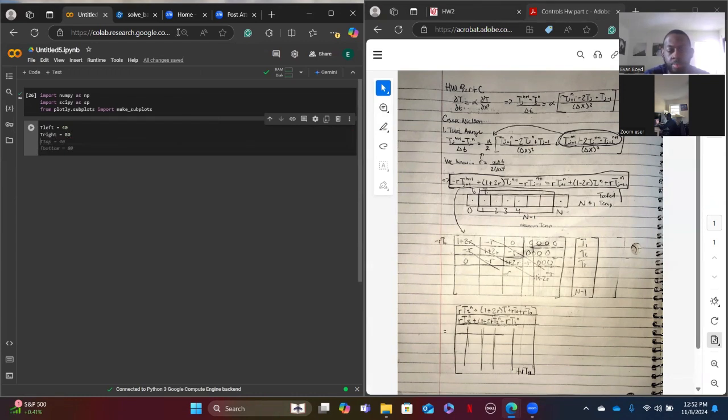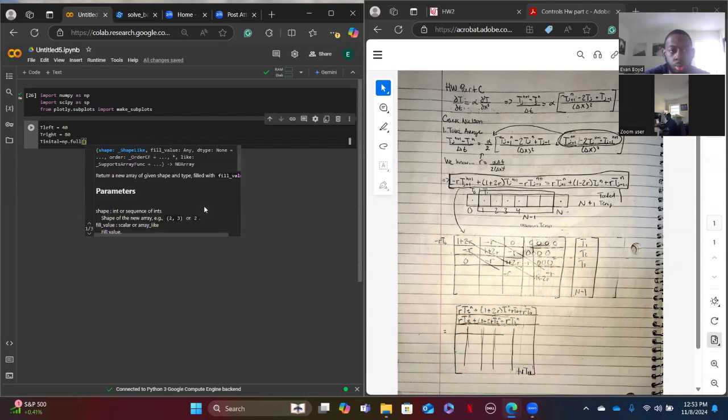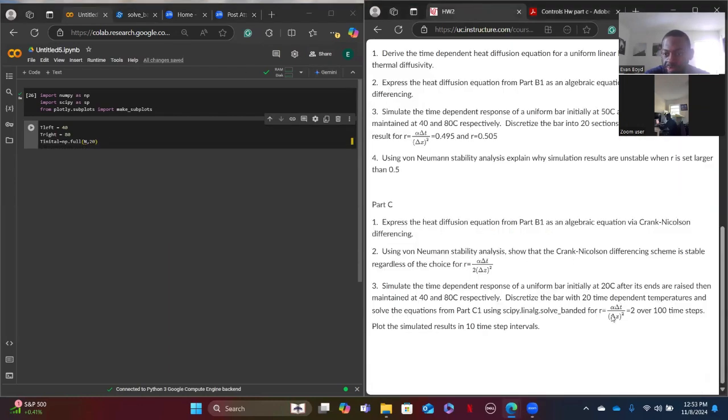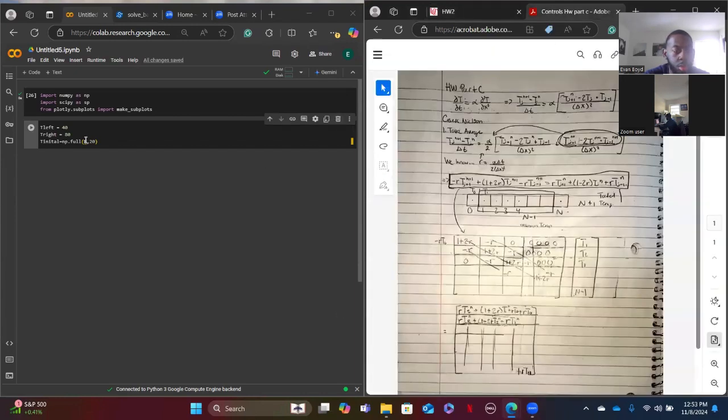And then we know that our middle here, which we can say T initial is equal to, we need to do np.full, is equal to, so we have a shape of M, of n, and then we'll do 20. So we know we have 20 time dependence. Okay. Let's say n.